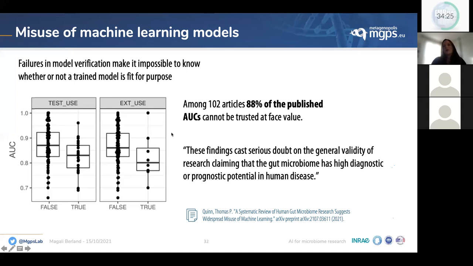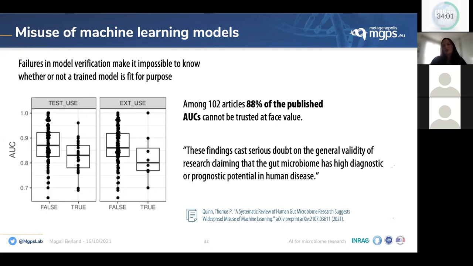In this review of more than 100 articles, the author finds that 88% of the published AUCs cannot be trusted. He concludes that this finding casts serious doubt on the general validity of research claiming that the gut microbiome has a high diagnostic or prognostic potential in human disease.